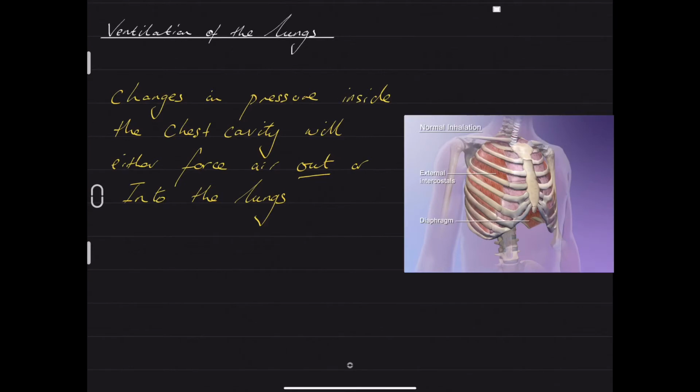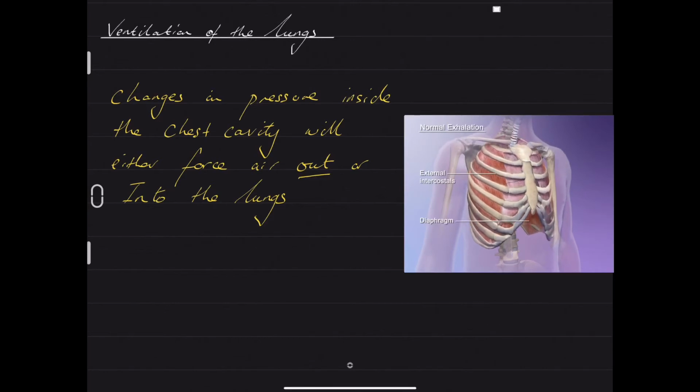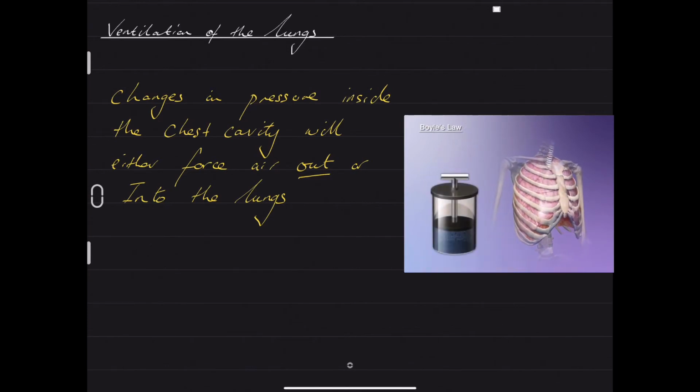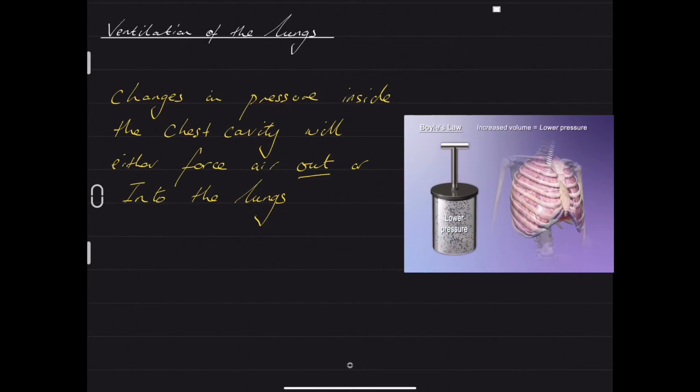So the contraction and relaxation of the intercostal muscles between the ribs and the diaphragm, and also the diaphragm moving as well, will change the pressure inside the chest cavity. And this will either force air in or out of the lungs.